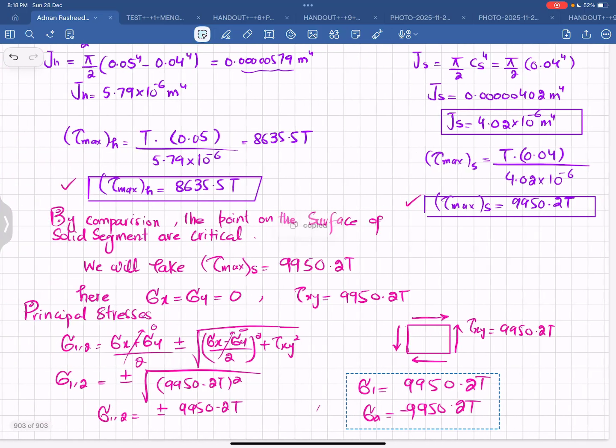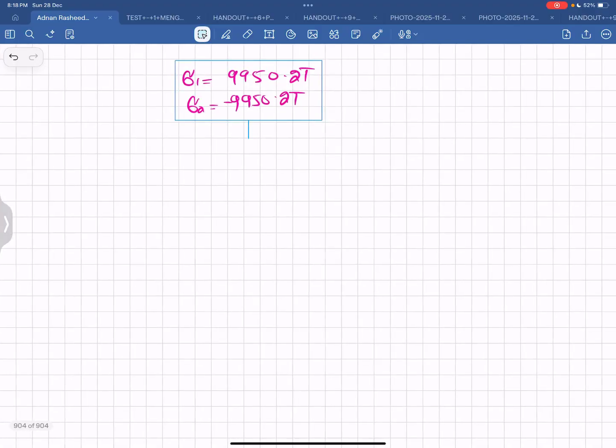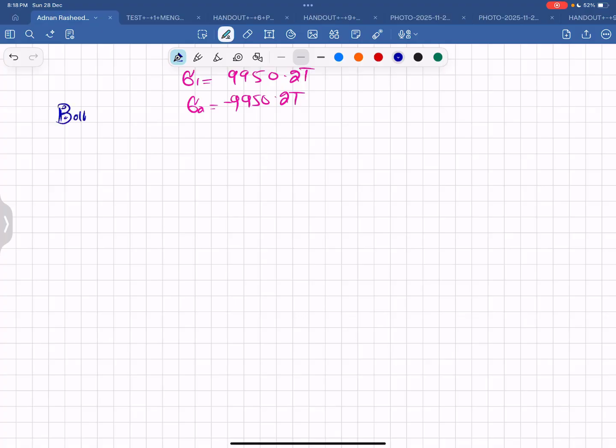I will paste them over here, and you can see that sigma 1 and sigma 2 are opposite in sign.